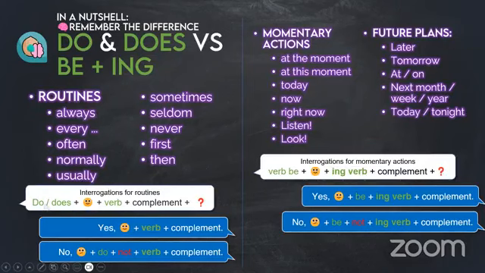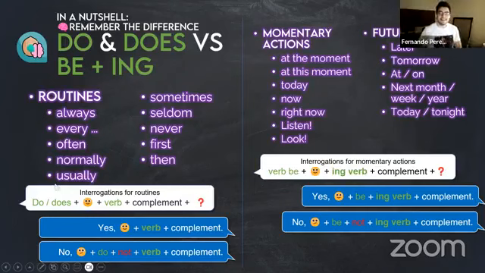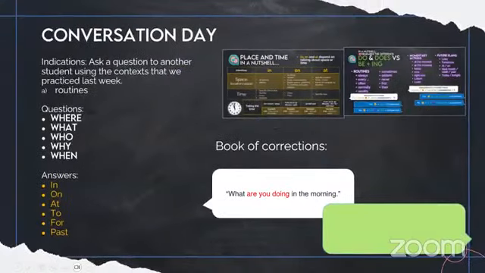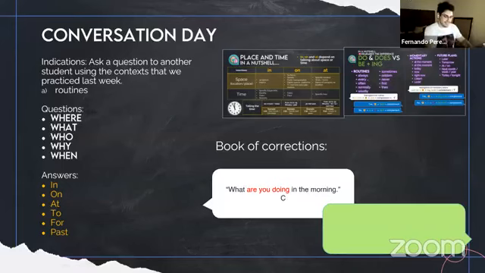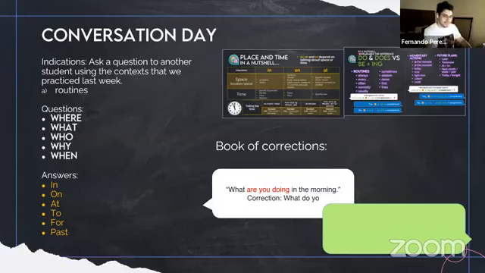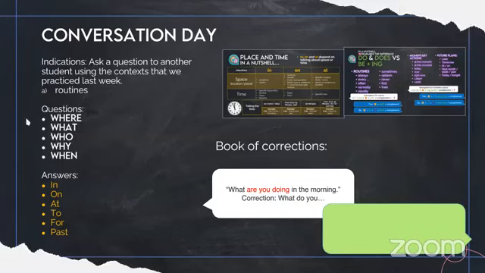Eliminate are and collocate the auxiliary. Do? Yes. What do you in the morning? What do you... incomplete? What do you do?